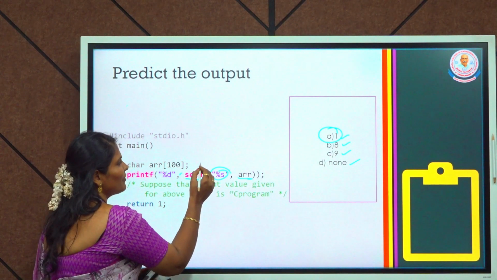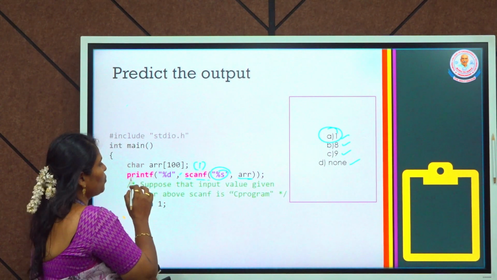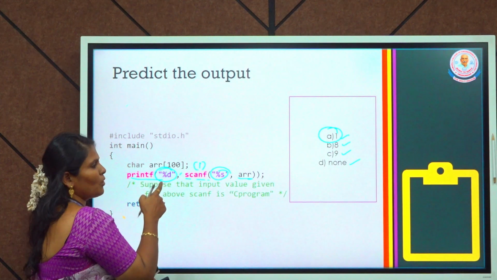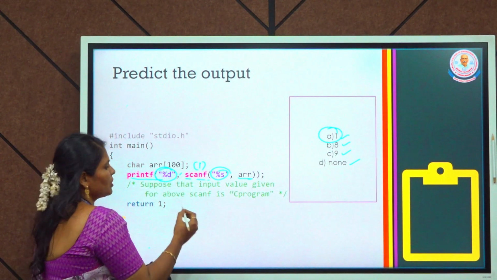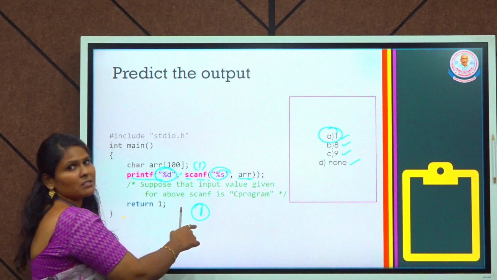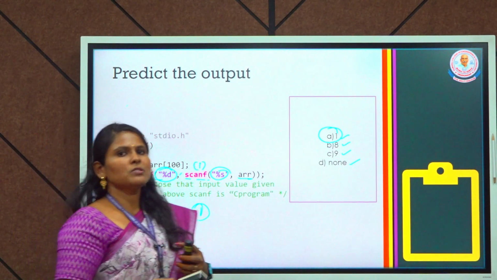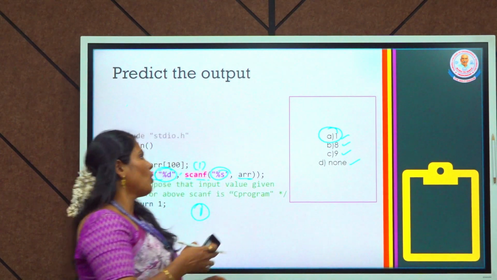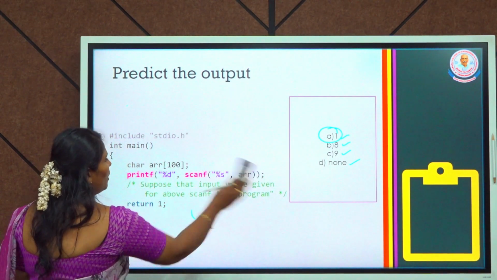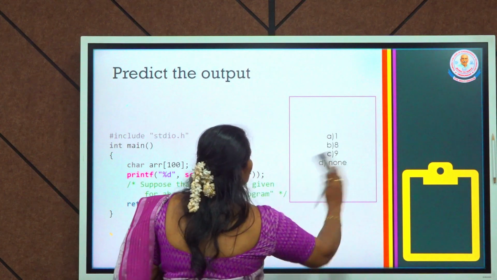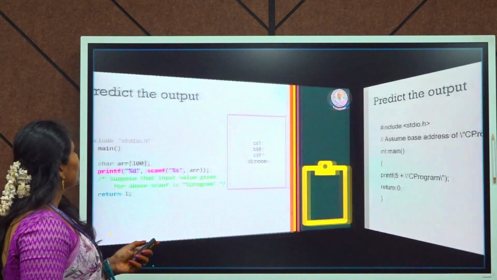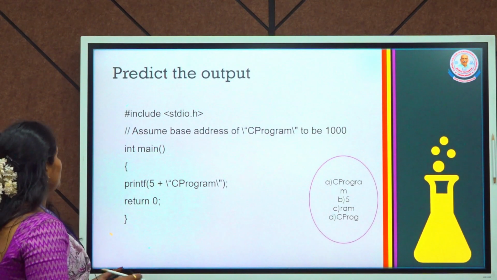So it will return the value 1, and that 1 will be printed, since we are using the format specifier %d. So the output for this program is 1. This is the way they may ask you interview questions based on input and output statements. Hope you understand this. Let me take the next question.